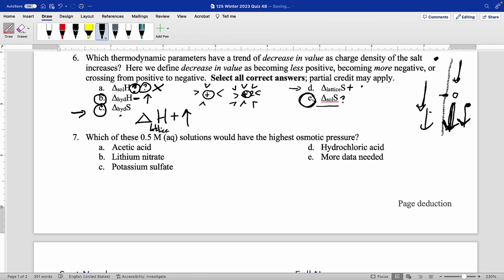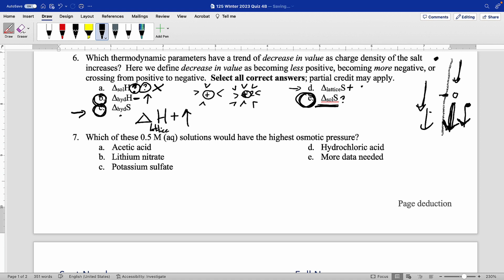So the entropy change for dissolving a salt we can say gets worse if we increase charge density, which is why salts with high charge density are less likely to be soluble because of this effect. So there's 3 answers where we have a decrease in value with increasing charge density.